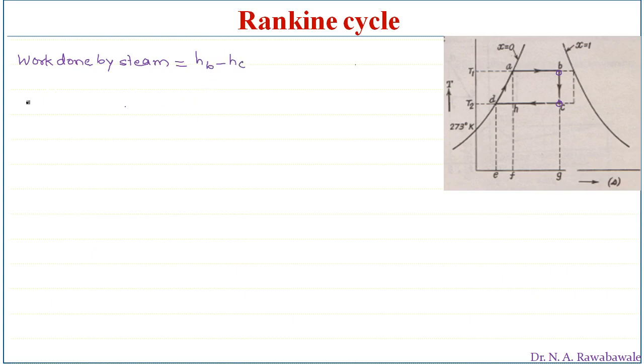This work done can be given as the area ABCDA. The area ABCDA gives us work done on a PV diagram, not on a TS diagram. So this area is nothing but the work done.